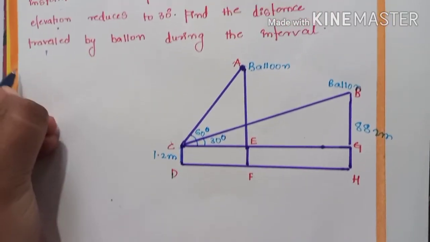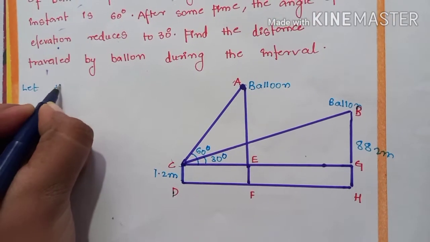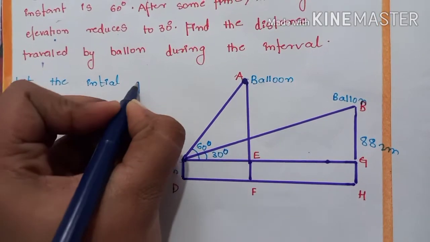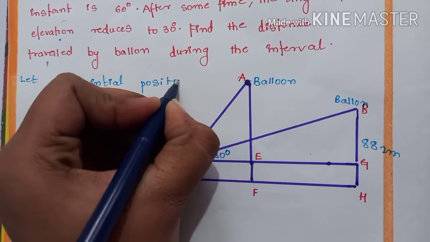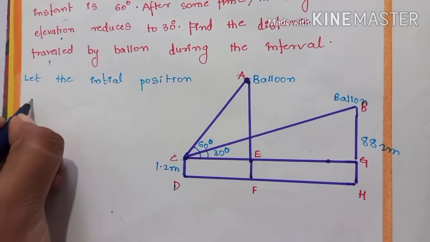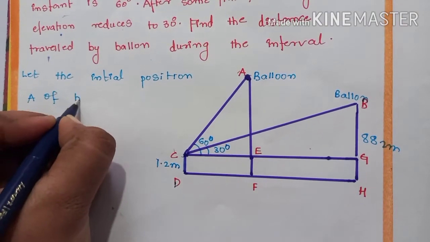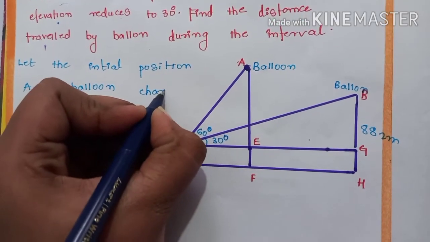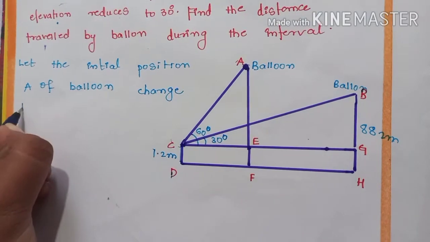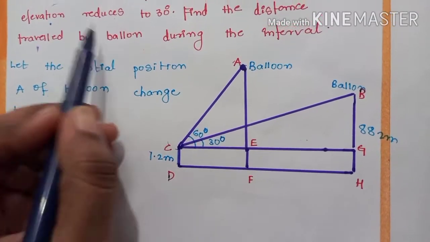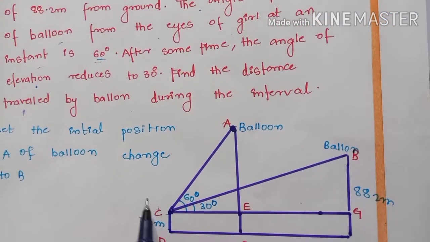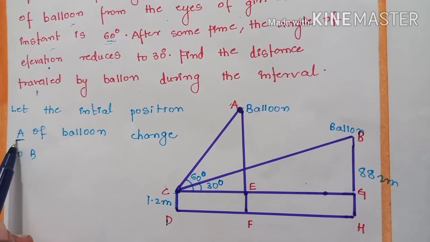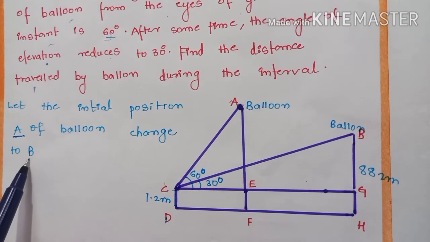So now the solution: let the starting point A of the balloon change to B, because in the question they have given at an instant it was 60, and after flying it reduces its angle to 30. So here the initial position becomes A and the final position becomes B.